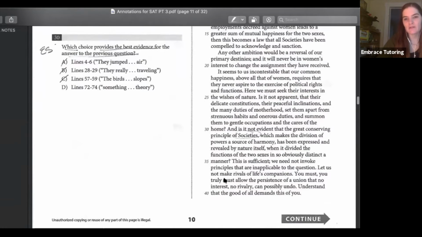That's what they're really focusing on, as well as women's place in society and what the expectations are. Especially this paragraph is really looking at this one where it says, it seems to us uncontestable that our common happiness, above all that of women, requires that they never aspire to the exercise of political rights and functions.